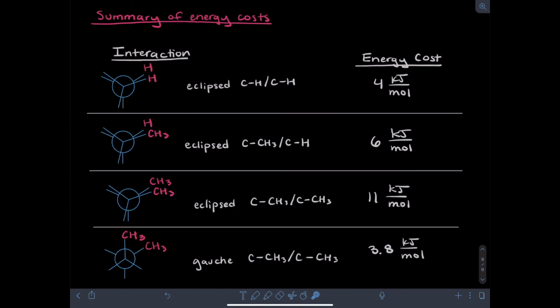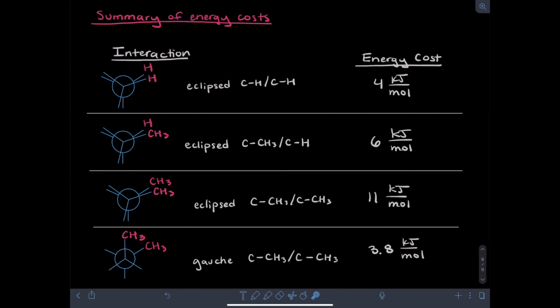To summarize the different energy costs that we saw, having a CH bond eclipsing another CH bond has an energy cost of 4 kilojoules per mole. Having a carbon-methyl bond eclipsing a carbon-hydrogen bond has a 6 kilojoule per mole energy cost.